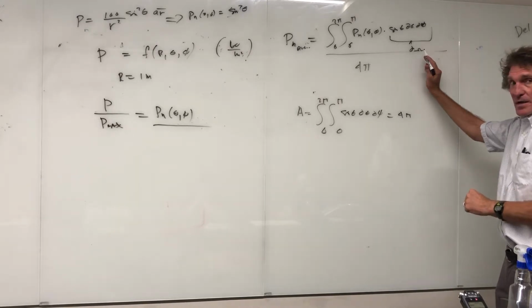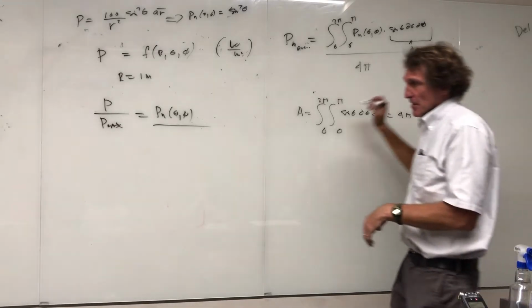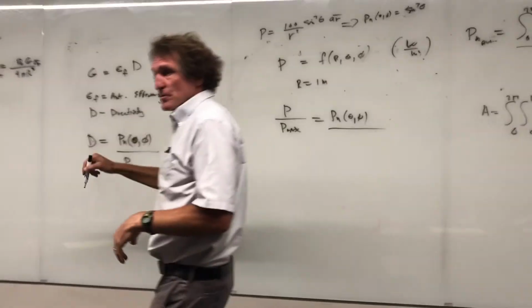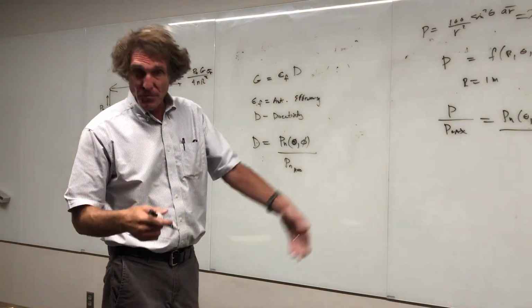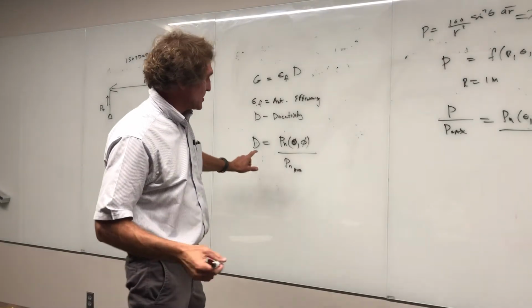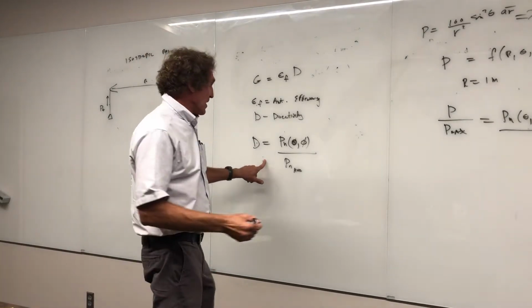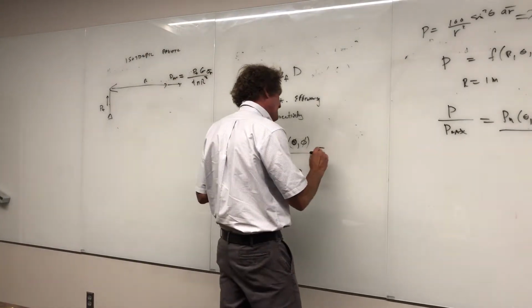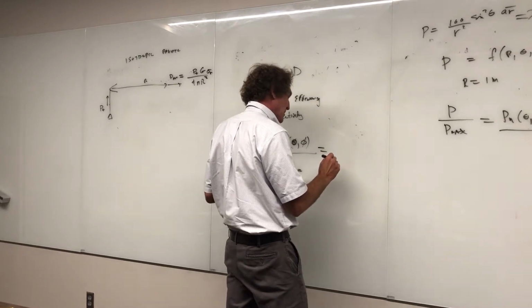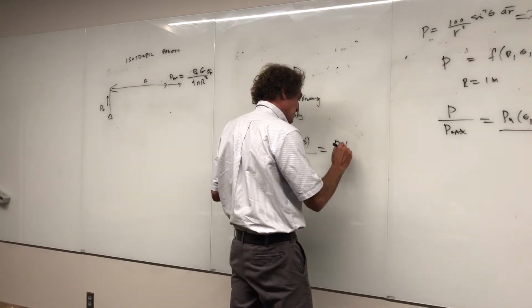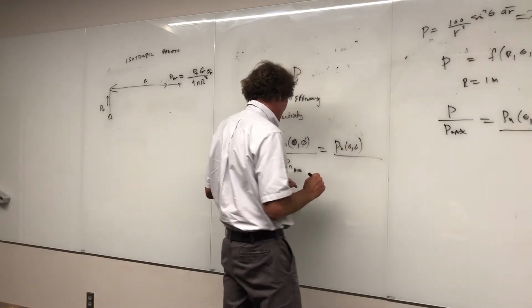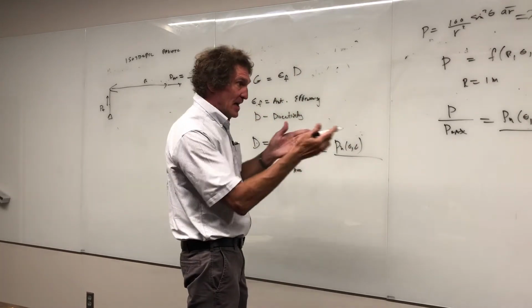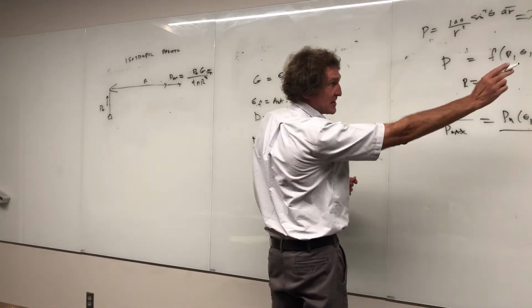Anyway, now getting back to the equation here. Now that I've introduced normalized power density, the average of the normalized power, and the concept of directivity, what that means is the directivity is actually equal to the normalized power density of theta and phi over the normalized average power density, which means it's that right there.